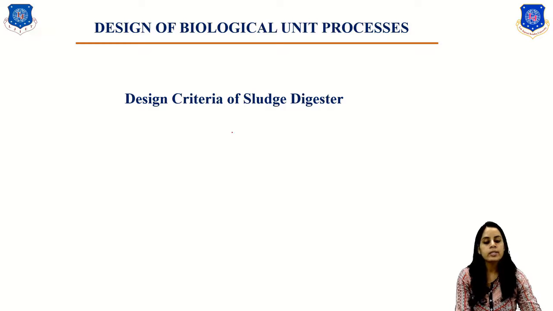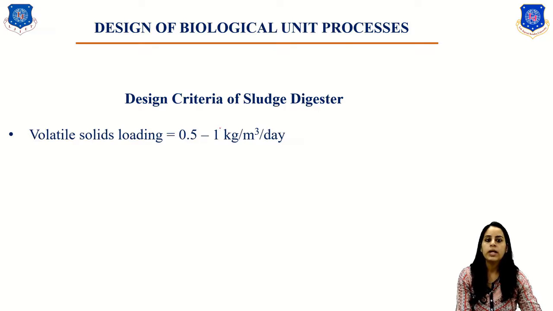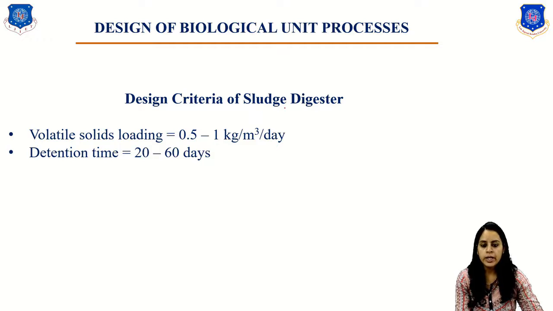Now we discuss the design criteria of the sludge digester, right? The first one is the volatile solid loading, which is in the range of 0.5 to 1 kg per meter cube per day. The next one is detention time, which is 20 to 60 days.